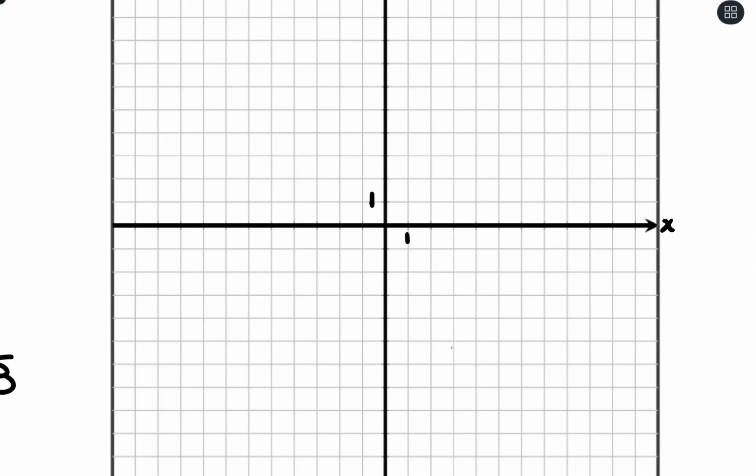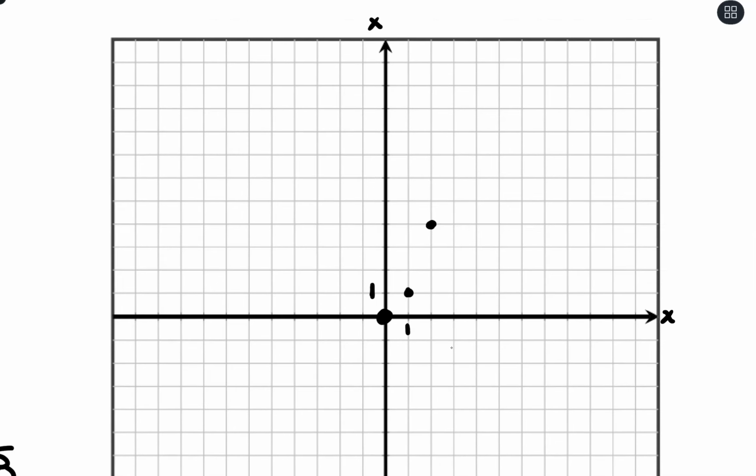So for a general parabola, the vertex is at (0, 0). And then as we go, let's look to the right. If I go to the right 1, I would go up 1 because that's 1 squared. If I go to the right 2, I would go up 4 for 2 squared. If I go to the right 3, I would go up 9 for 3 squared, like that.